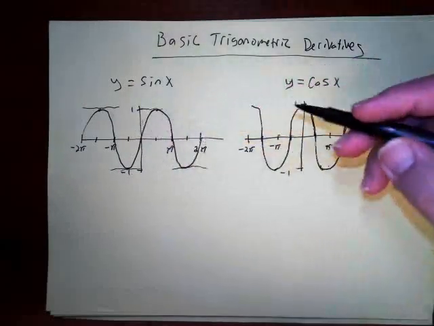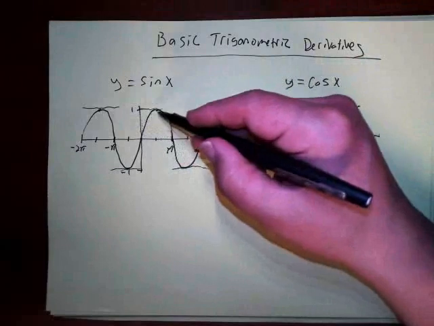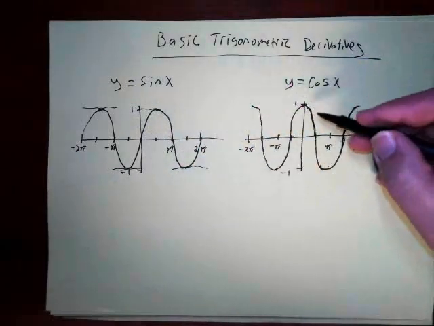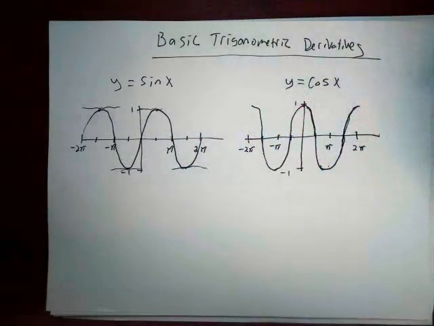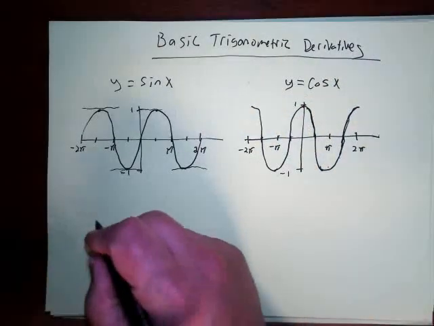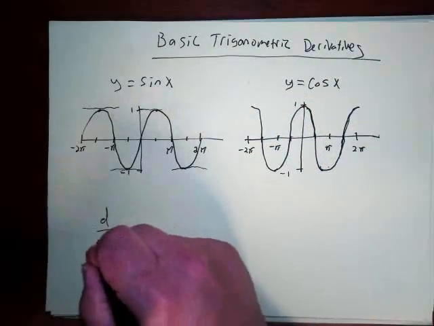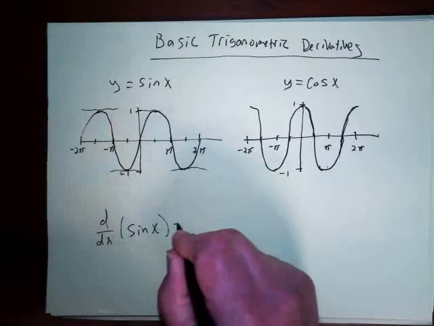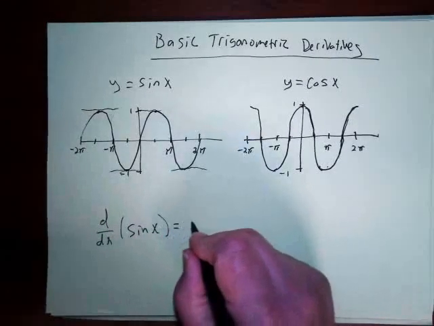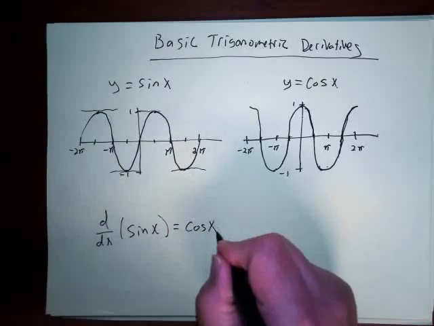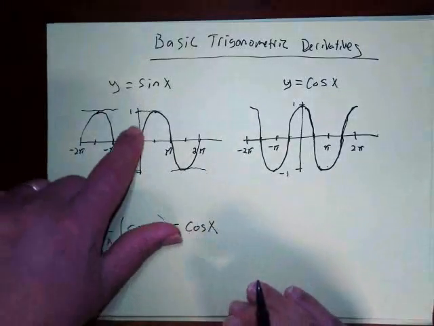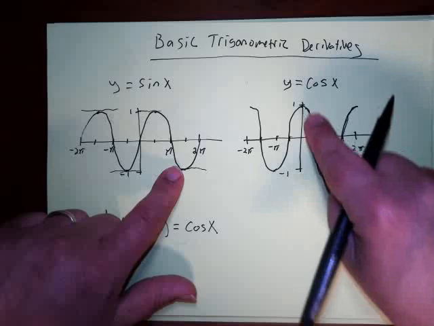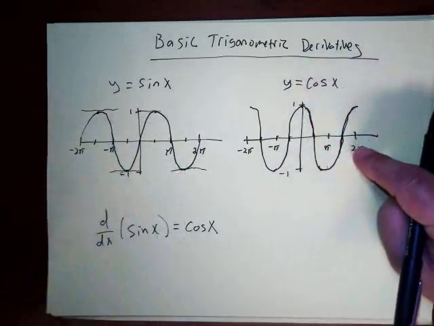And so it looks a lot like the derivative of the sine is equal to the cosine. And that is actually the case. So one rule that we get is that the derivative of the sine of x is equal to the cosine of x. And you can kind of tell by looking at the slopes of these compared to this graph.